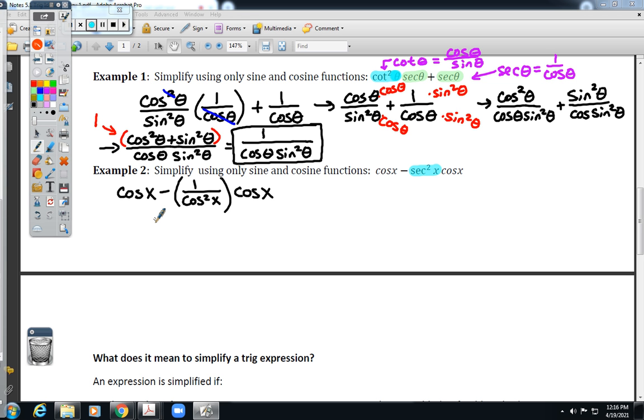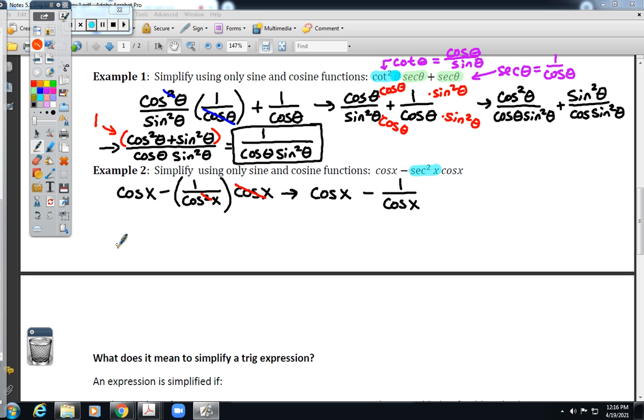So what happens when I multiply 1 over cosine squared times cosine? This cosine cancels with the exponent, taking it down to just 1 over cosine. So we end up with cosine x minus 1 over cosine x.